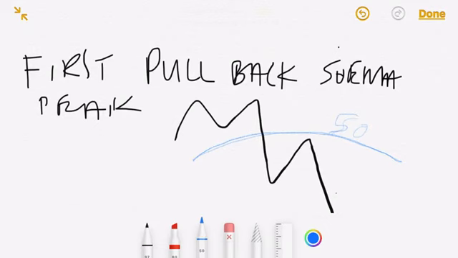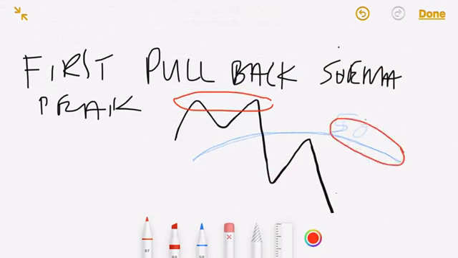So there is no ID50 without a peak. There is no ID50 without a 50 EMA. So these are the conditions. It has to be there. There has to be a peak. There has to be a 50 EMA for us to talk about the first pullback to the 50 EMA from the peak.